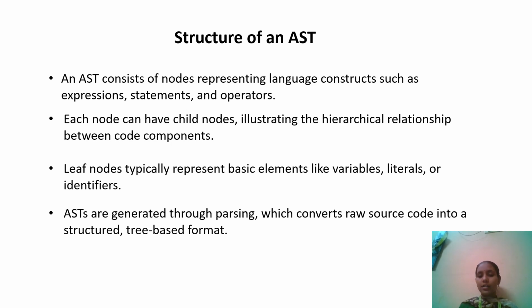This AST contains nodes like child, parent, and sibling nodes. Leaf nodes are nothing but the child nodes and typically represent the basic elements like variables, literals, or identifiers.